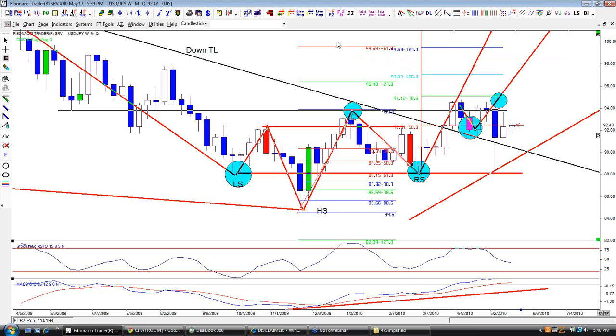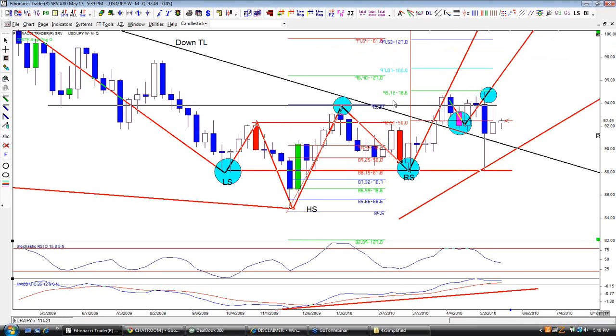This is a very, very, very strong level here. And if price breaks above the neckline, probably this is where we're going to see the next stop, around the 99-100 level.